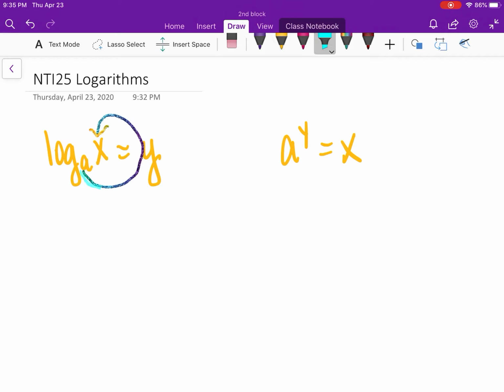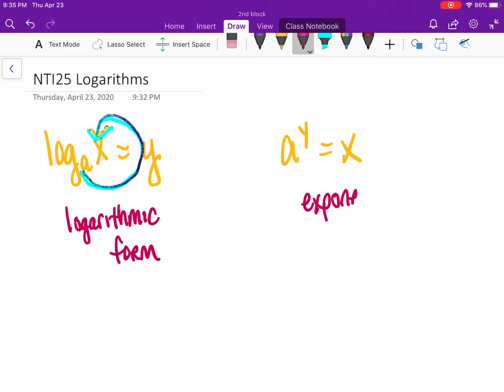Okay. So do you see how that worked? A to the y equals x. Now, this is our logarithmic form. This is exponential form.